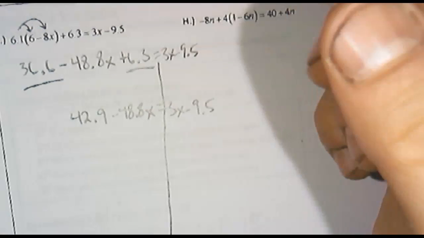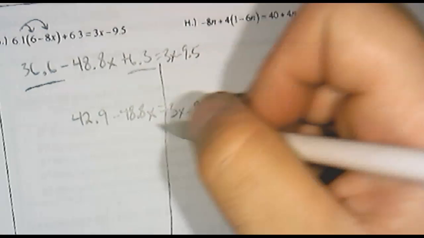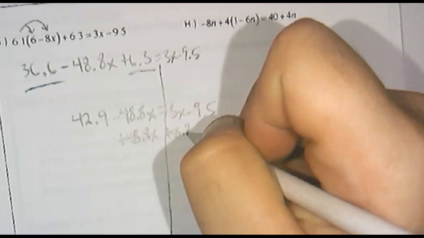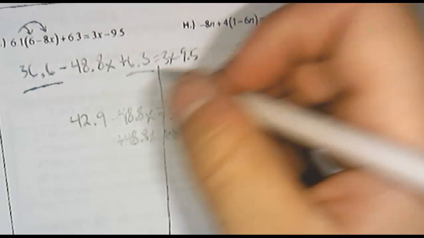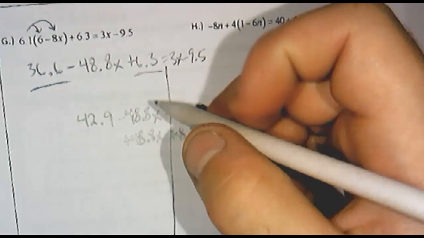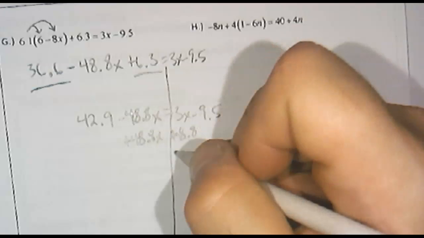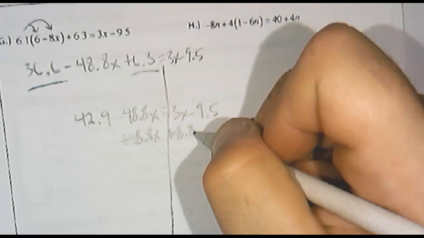Next thing I'm going to do is move my x's together, so whichever one's less, I'll move over. As long as it doesn't create more work, I'll move over the lesser variable. So negative 48.8 is less. And as you work through these, you could move the variables, like in this case, I move the variables to the right, plus 48.8x.